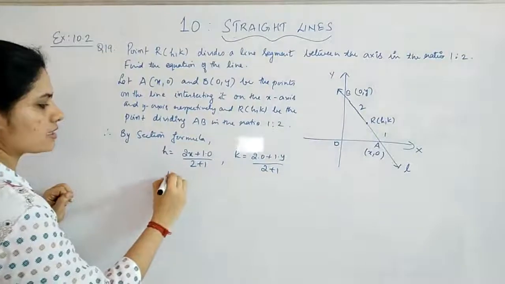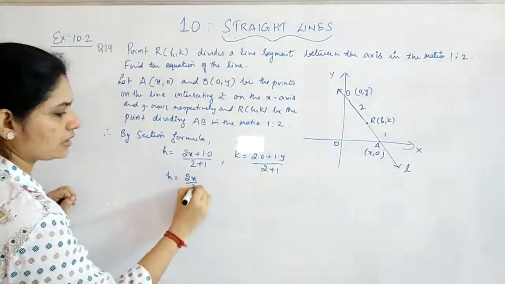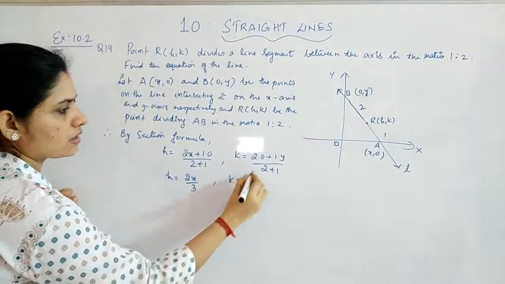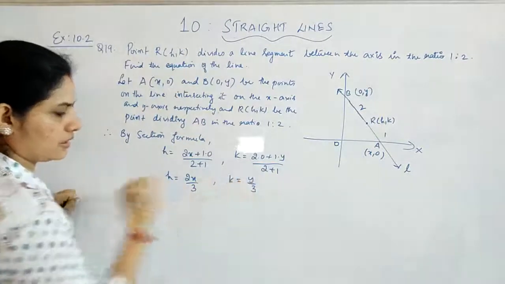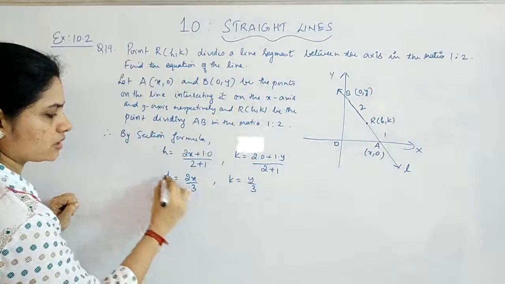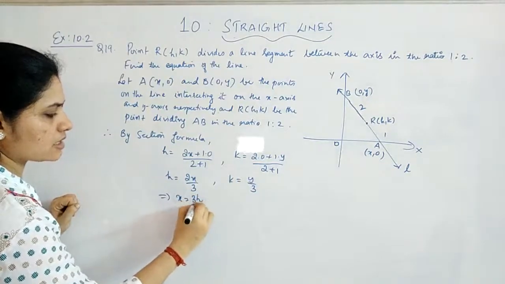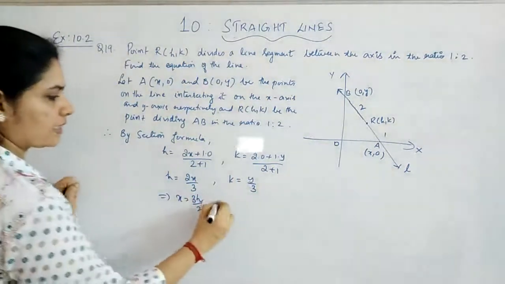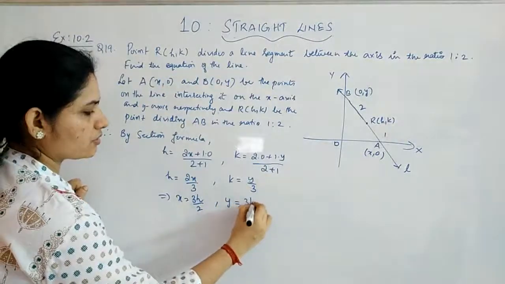So you are getting h is equal to 2x by 3 and k is equal to y by 3. That is, x is equal to 3h by 2 and y is equal to 3k.